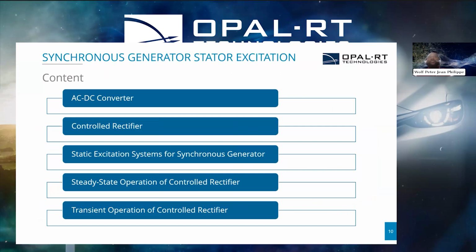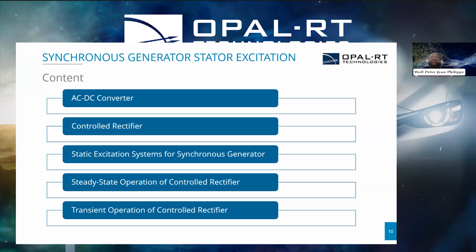Okay, so for the first part of the webinar today, I'm going to start by introducing Lab 1 of this module, which is synchronous generator static excitation. In this module, I'm going to focus on the controlled rectifier, which is a type of AC-DC converter. We have an AC input, and we're going to convert it to a DC output. So why a controlled rectifier? It's because the application we are focusing on is bidirectional power flow.